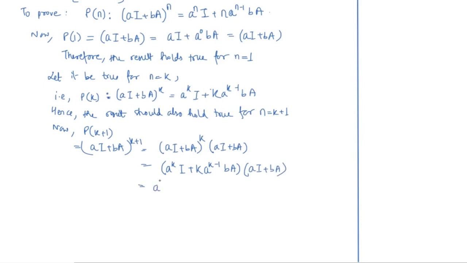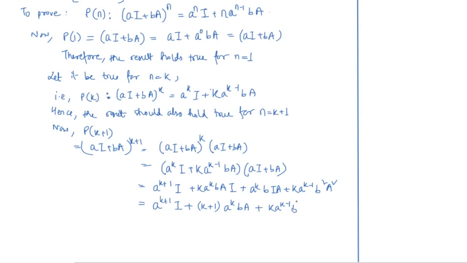Now just expand it, and you will get a^(k+1) I + k a^k bA I plus a^k bI A plus k a^(k-1) b^2 A^2. Clubbing these, we get a^(k+1) I, and clubbing these two terms we get (k+1) a^k bA, and here plus k a^(k-1) b^2 A^2. Let us call this equation 1.